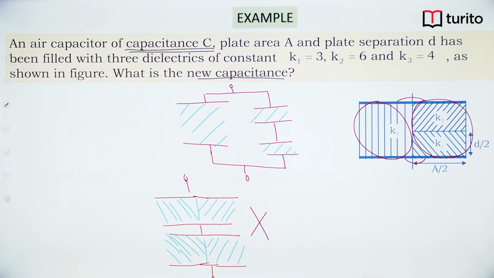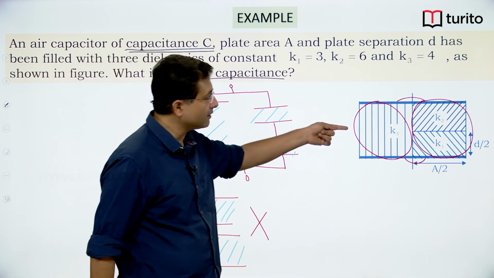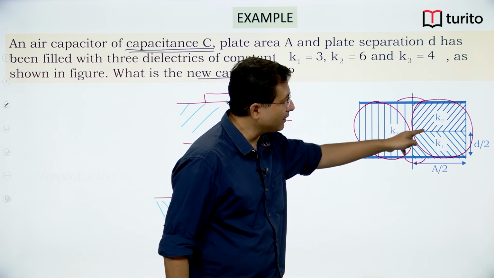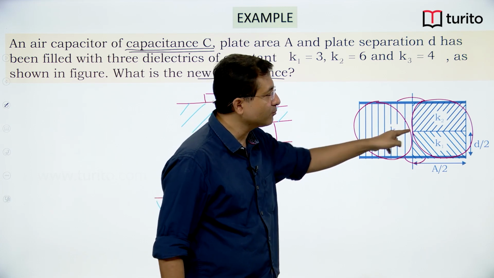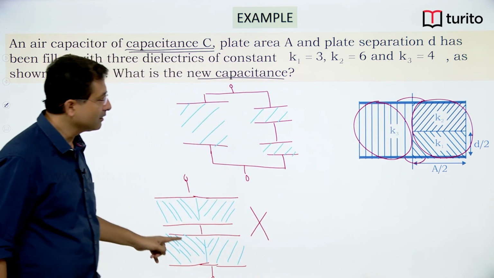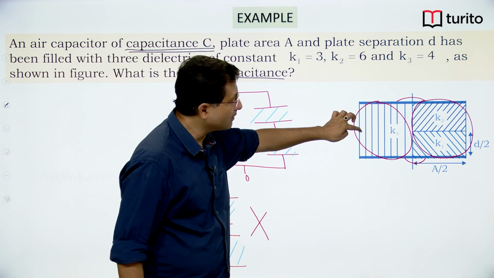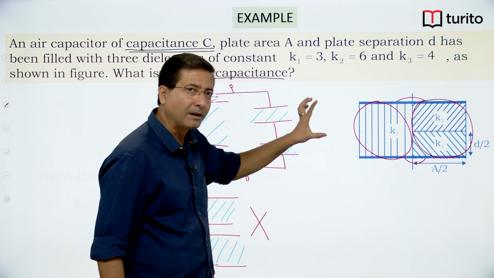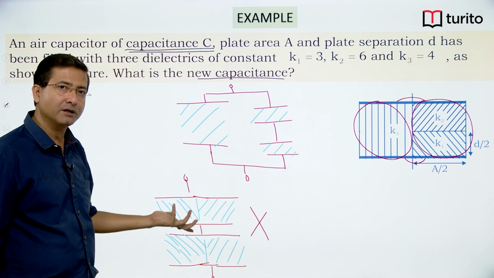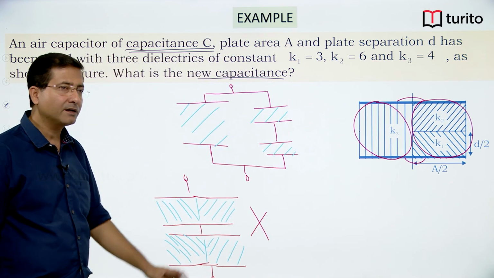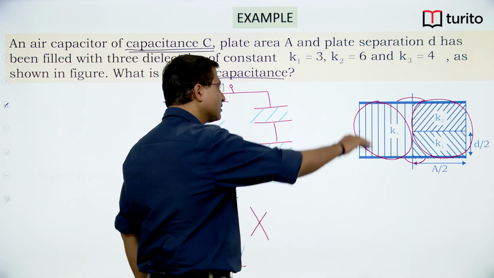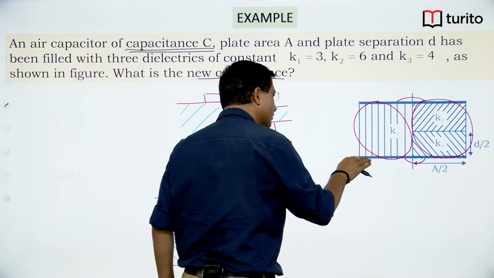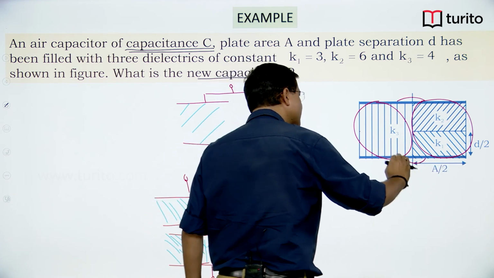Why is this wrong? Because we are not getting the potential here the same as the potential here. We cannot say that this part and half of this part are at the same potential. If you draw this diagram, you are saying that the potential at half of this one and the potential till here are the same, then only can they be in parallel combination, but they may or may not be the same. The only thing we can say is that the potential of this and the potential of this are the same, and because this is a single plate, the potential here is the same as the potential here.